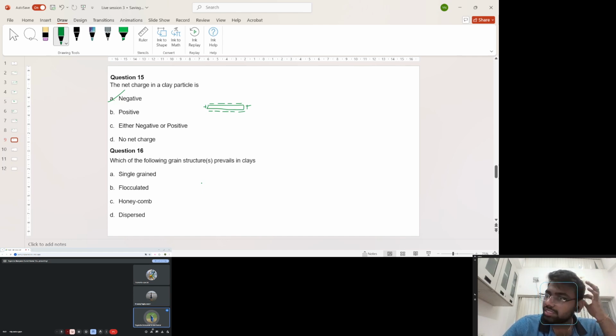Now coming to the grain structure. Which of the following grain structures prevail in clays? Option A single grained, option B flocculated, option C dispersed.